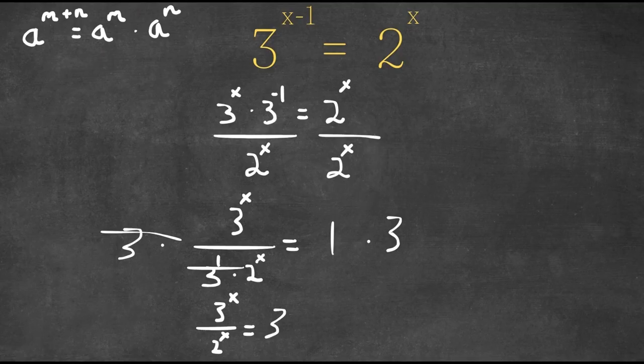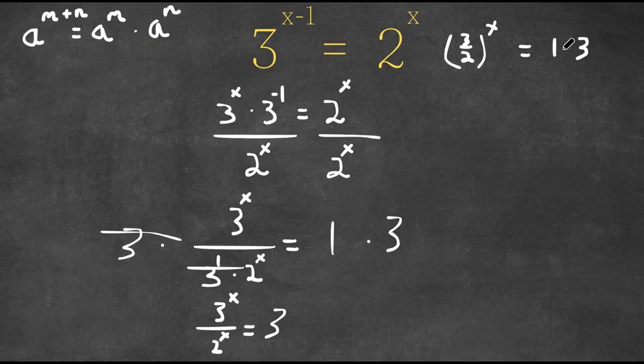So now this can be written as 3 over 2, to the power of x, is equal to 3.